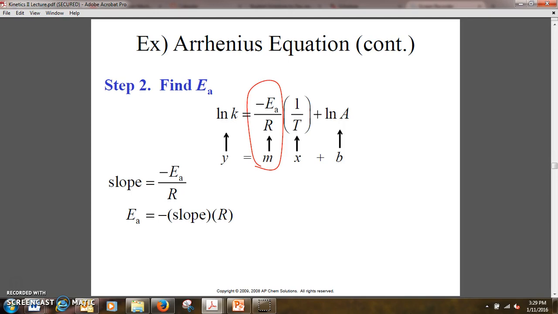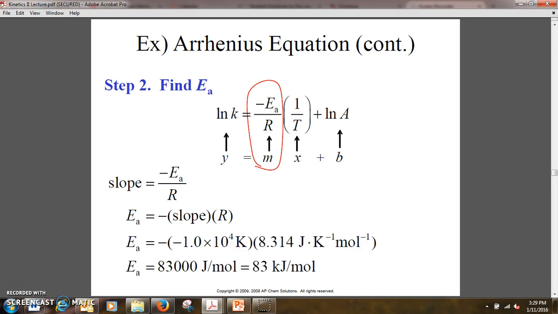And then to find E sub A, the activation energy, we're going to take the slope times the R value. So just simply take the slope off the graph times the 8.314, that R value, and as you see, the activation energy ends up being 83 kilojoules per mole, or 83,000 joules per mole. And that activation energy will generally be a pretty high number.